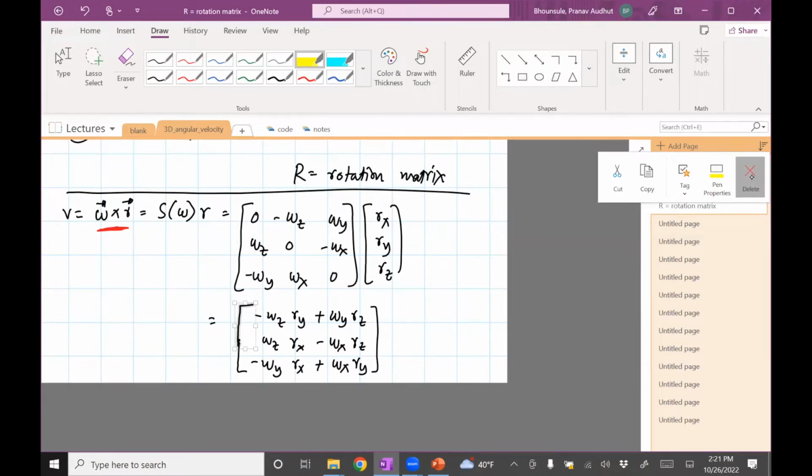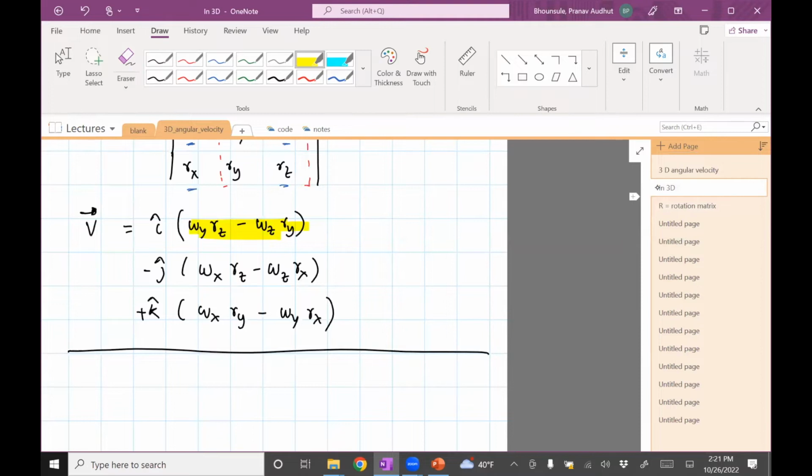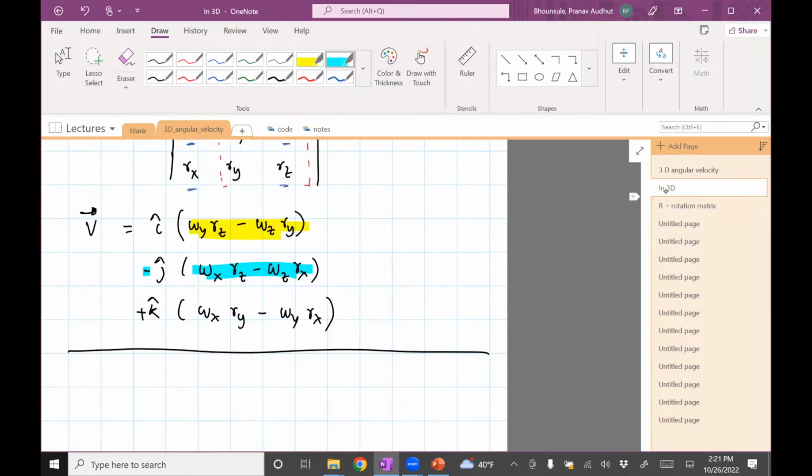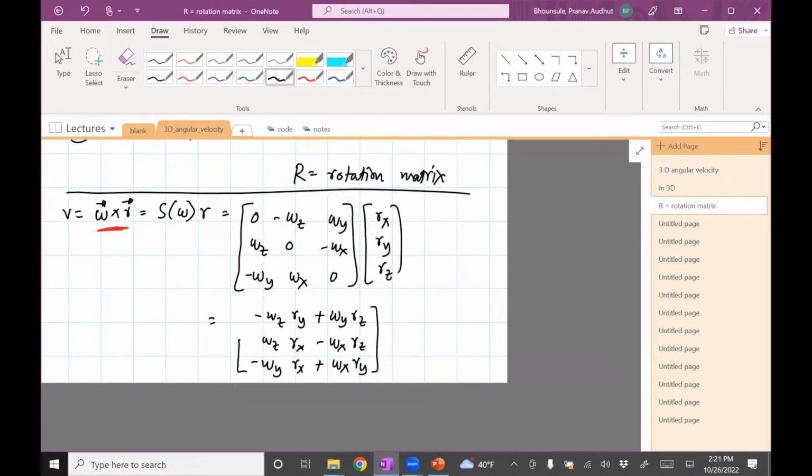If you look at the second one, there is a negative sign here, so we need to take the negative inside. So we'll have positive omega Z Rx minus omega X Rz. And then you can check the third one too, it should be the same.